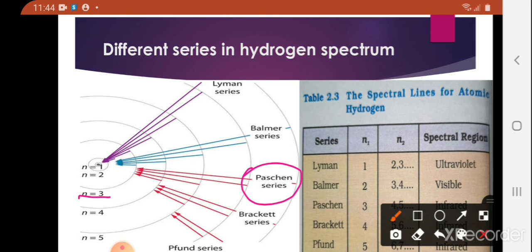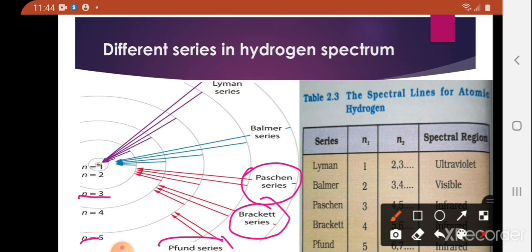Next, when it returns to n equal to 4 and some radiation is emitted, that series we call the Brackett series. The last one is the Pfund series, when it returns to n equal to 5, which means the fifth energy state. So these are the series of spectral lines in the hydrogen spectrum.